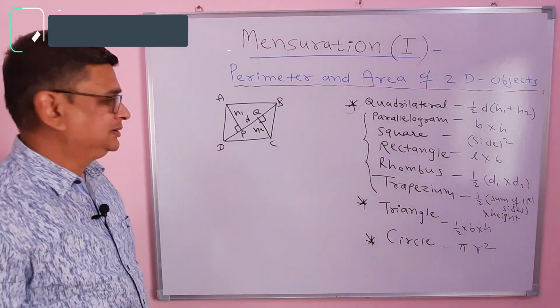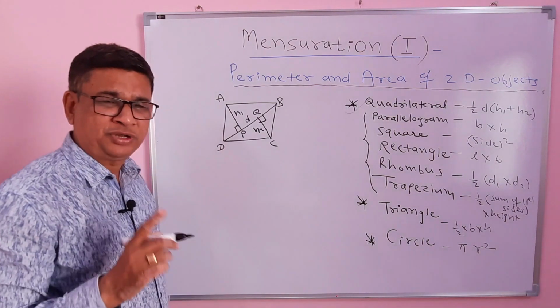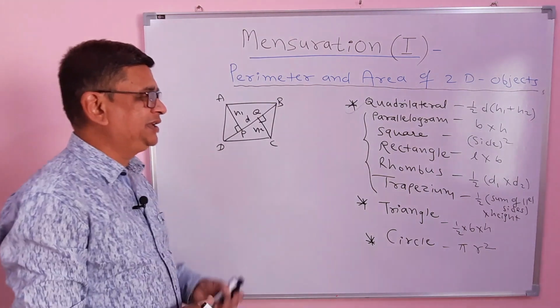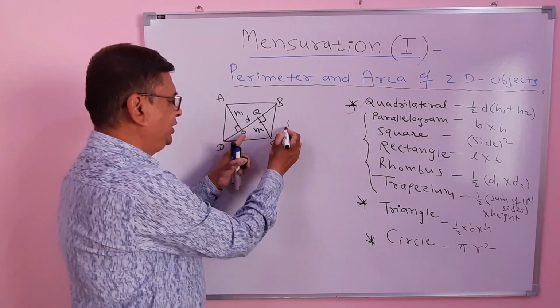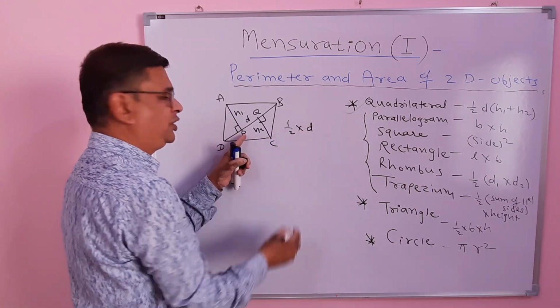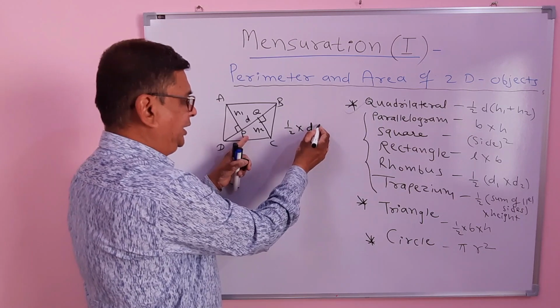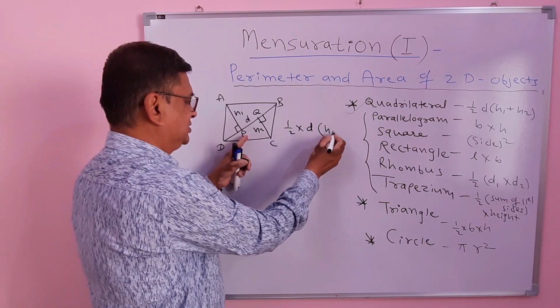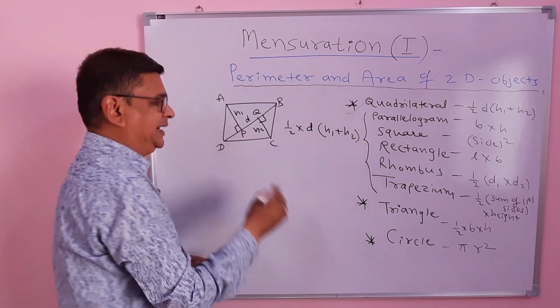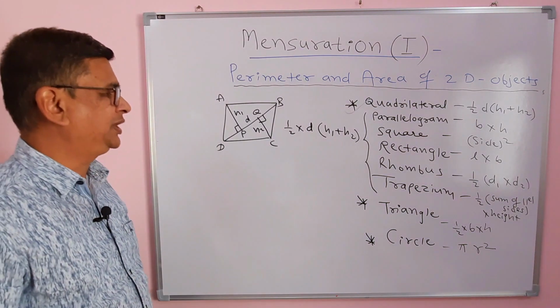Then for any quadrilateral, whatever its type, its area is given by 1 by 2 into the length of the diagonal, multiplied by the sum of those two heights.